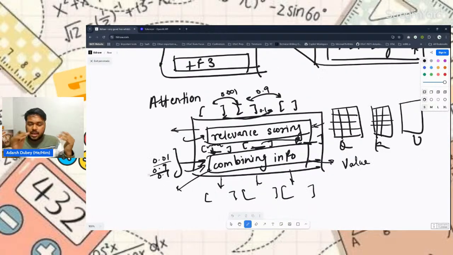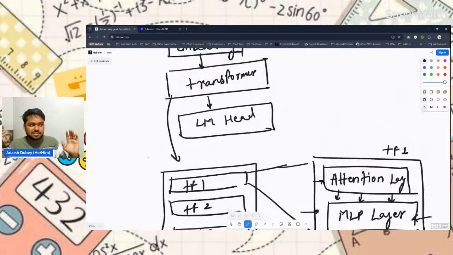Each attention layer does the relevance scoring, then combining info, infusing the meaning of each embedding into other embeddings according to the relevancy score with the help of query, key, and value matrices. And at the end, it passes it to the LM head. And what does the LM head do? It simply outputs one particular variable, right? So this was the actual flow.